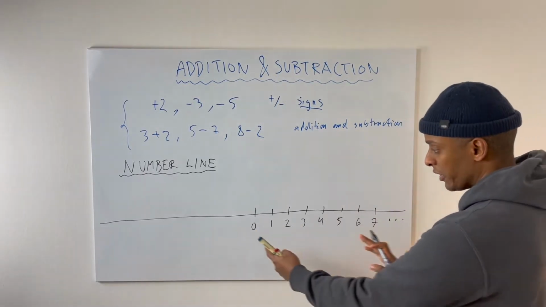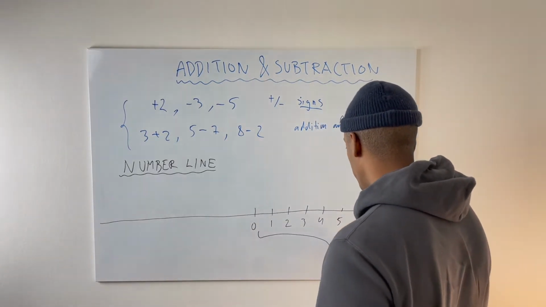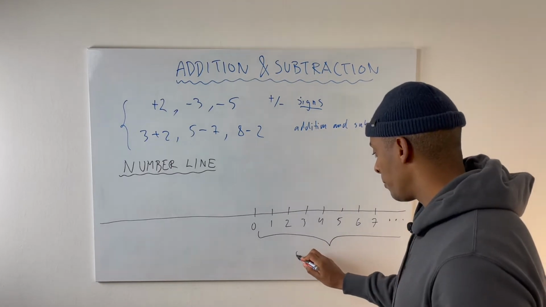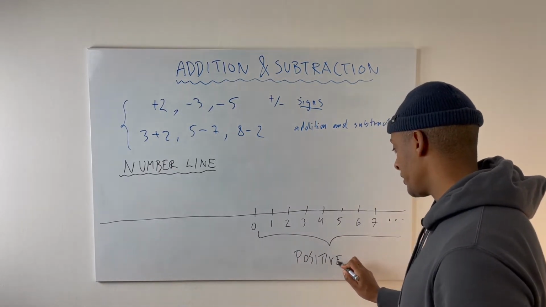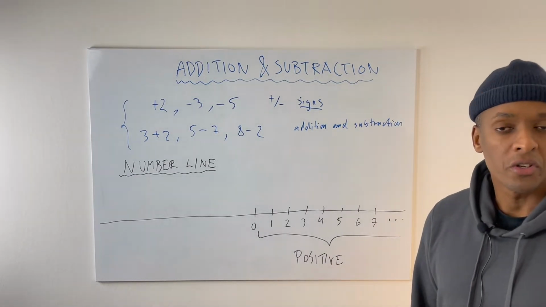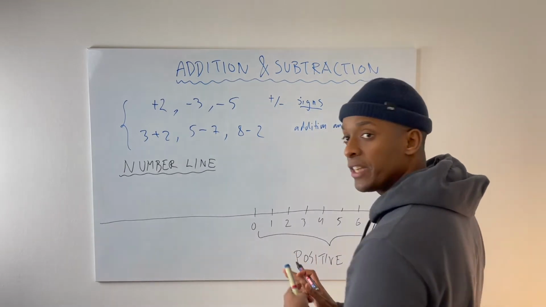These numbers that are to the right of 0, these guys are positive numbers. To the left, we keep decreasing.